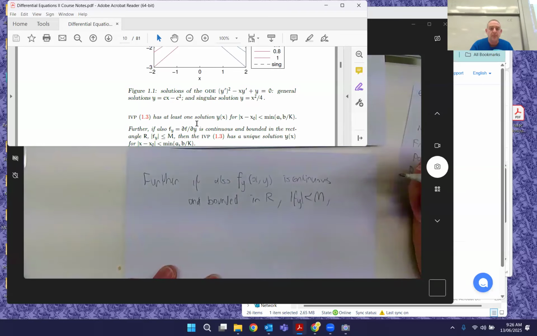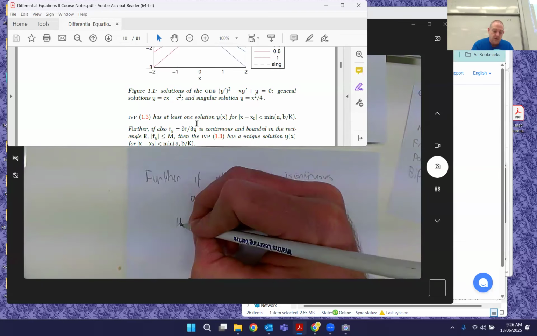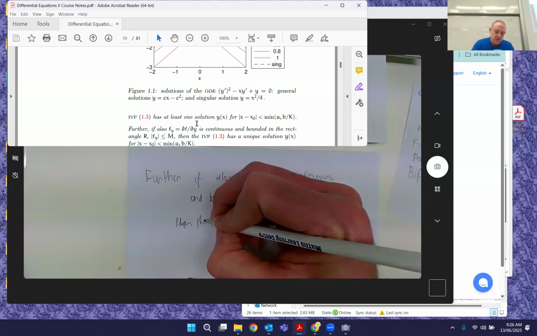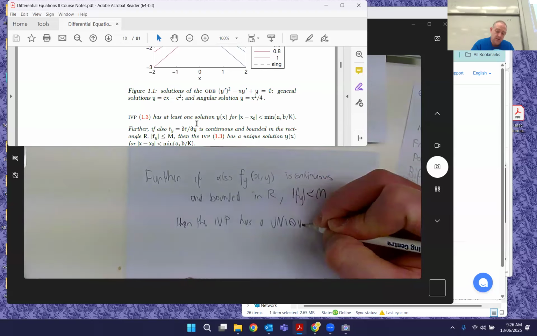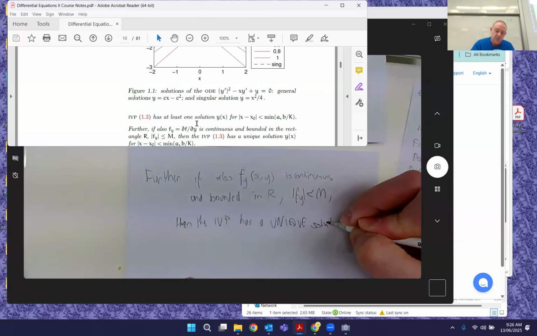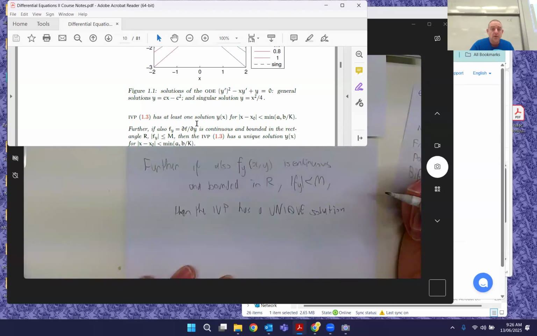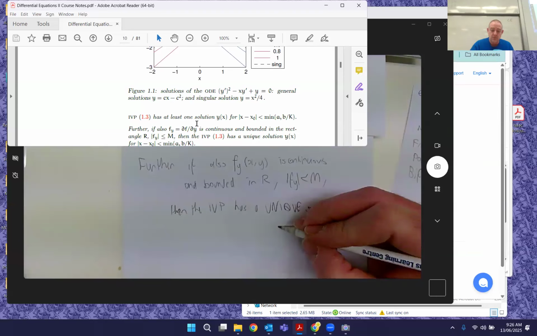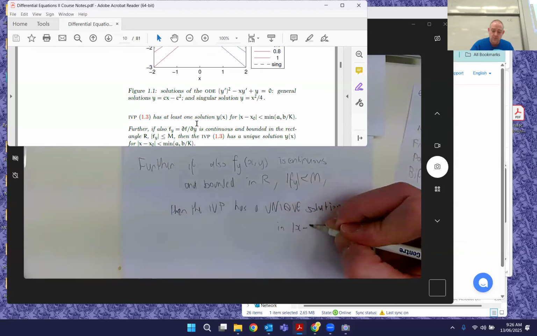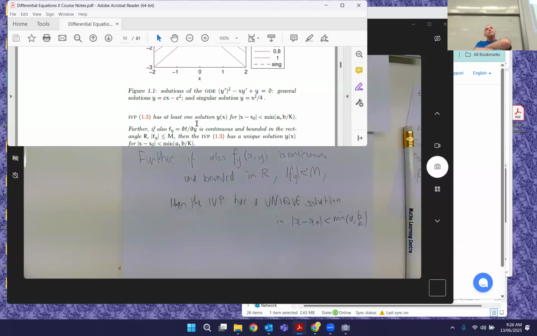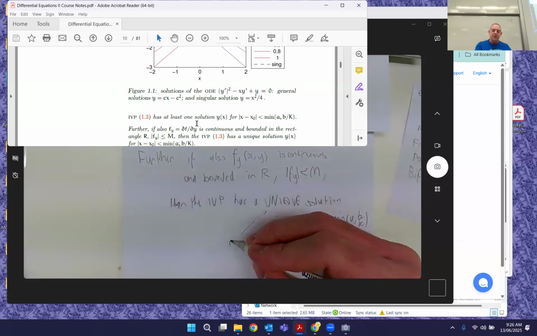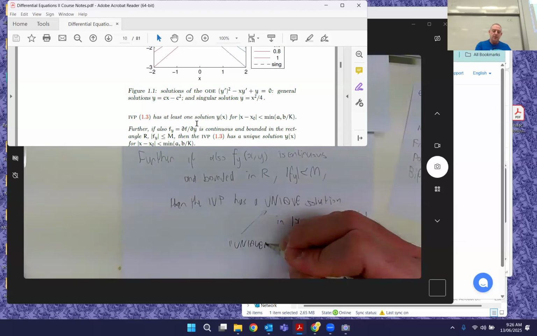Then the IVP has a unique solution in that same zone. Okay. And this says the word unique, so it's obviously the uniqueness bit.